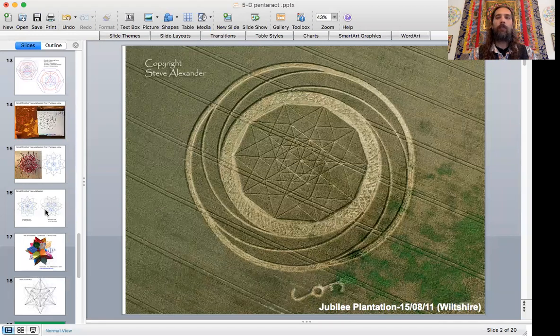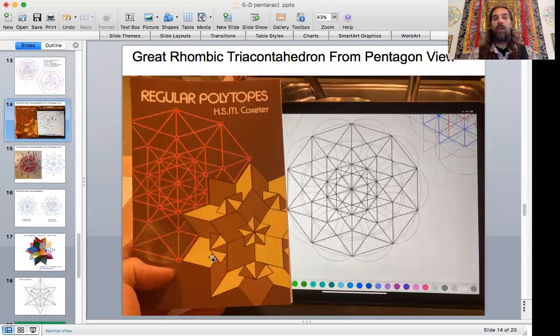I mean, I can do it on the iPad, but to get this level of precision at this scale is pretty impressive. But he's showing us here in his book that these two forms, and this was over my head at the time, are actually the same thing.